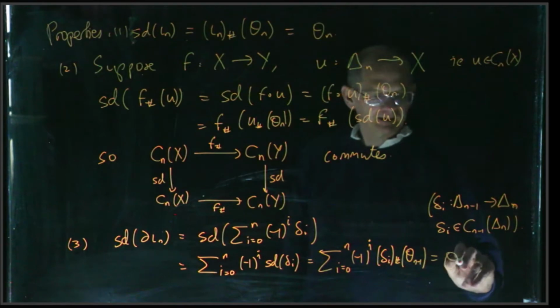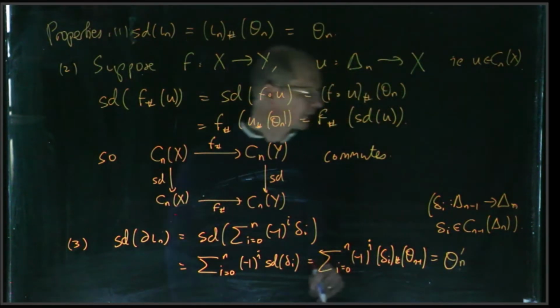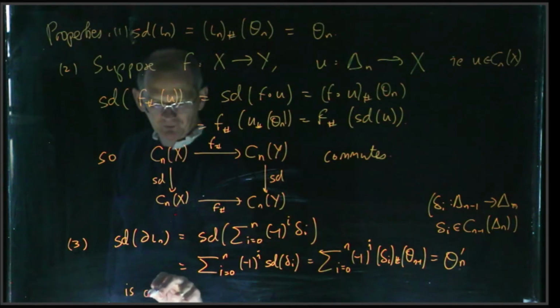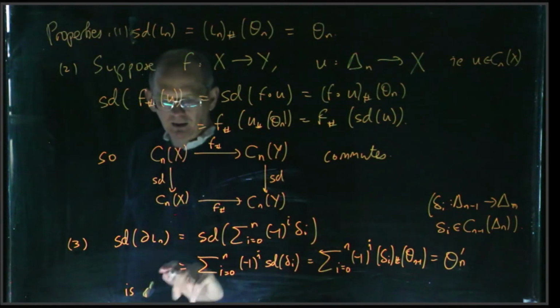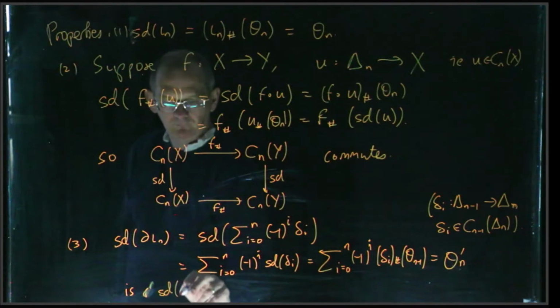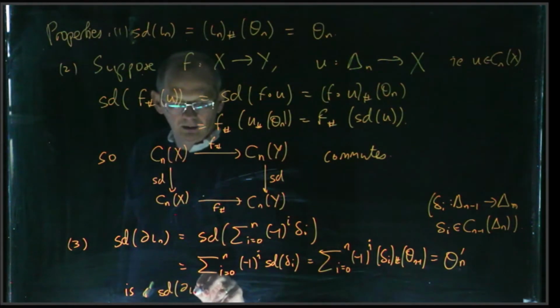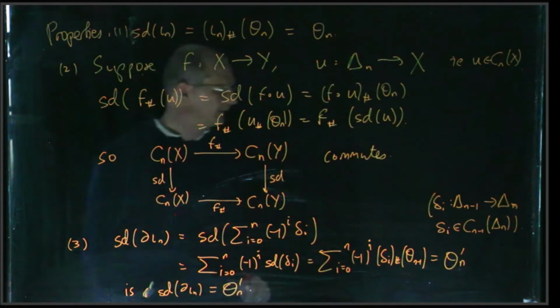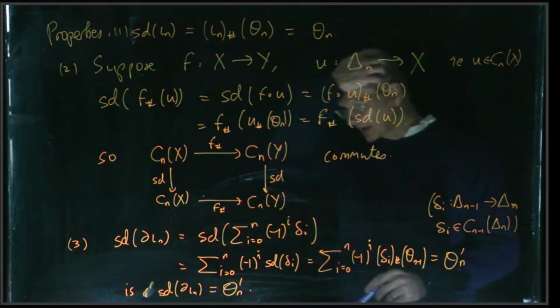And this was, by definition, theta n prime. Let's write it as a single equation: the subdivision of the boundary of iota n is theta n prime.